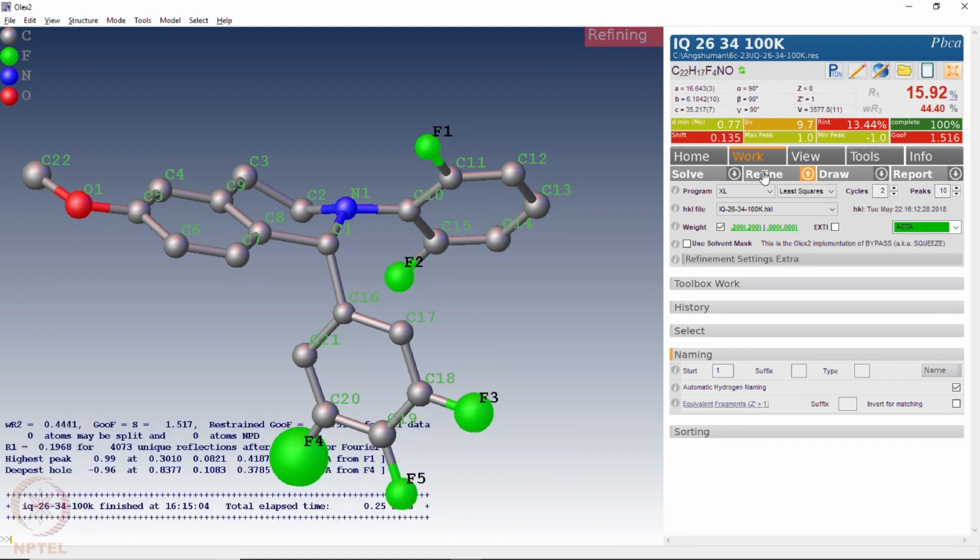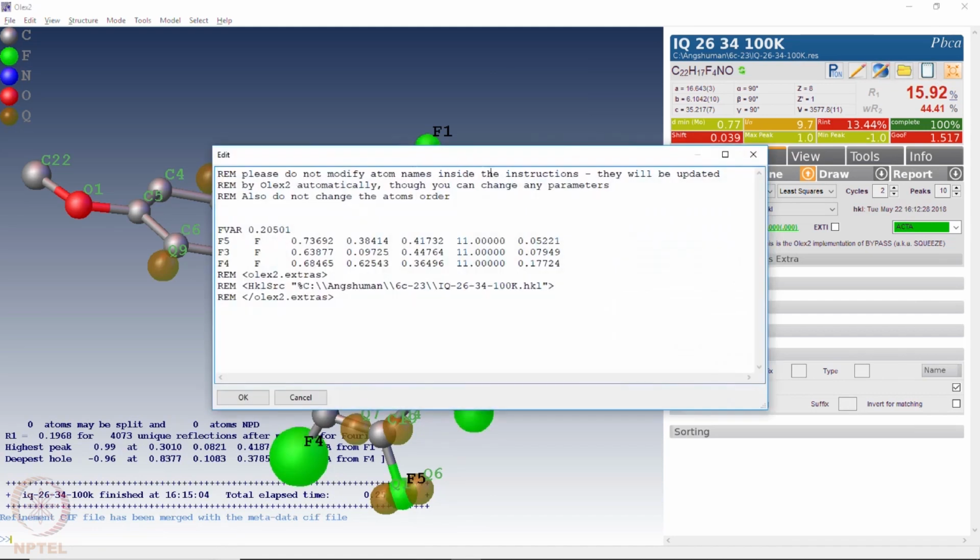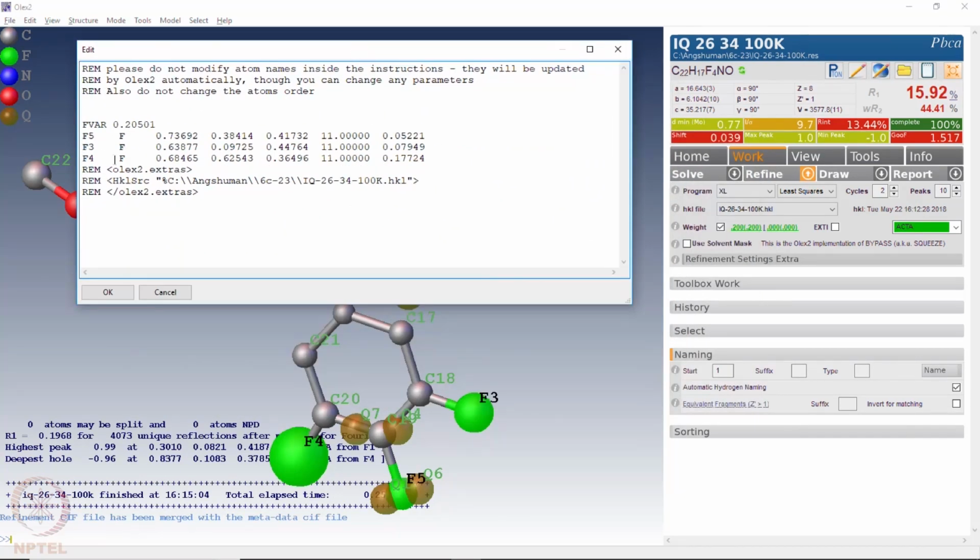And refine it once again, and then it is easy if we try to see these thermal parameters, which is higher, which is lower. So the thermal parameter of 4 is much higher, 5 is probably the correct, 3 is also high.